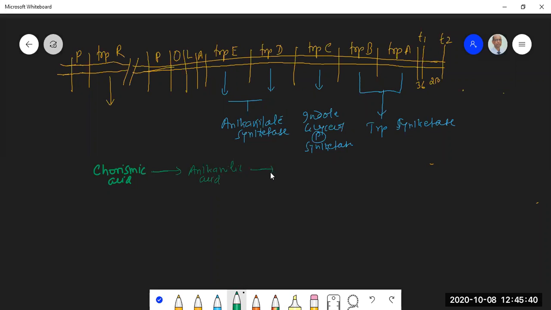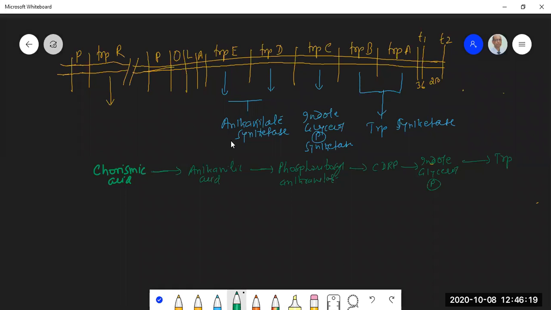The second intermediate is phosphoribosyl anthranilate. The third intermediate is CDRP, compound name abbreviated as CDRP. The fourth intermediate is indole glycerol phosphate. And the final product is tryptophan.